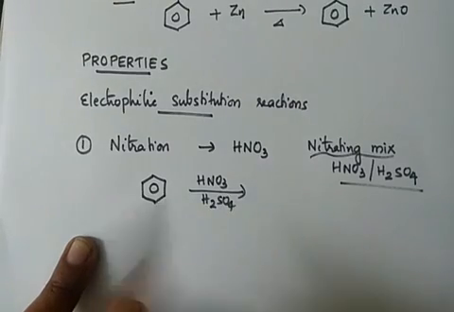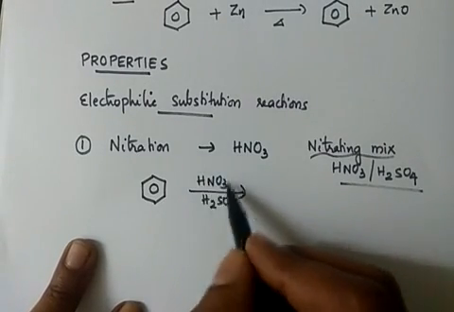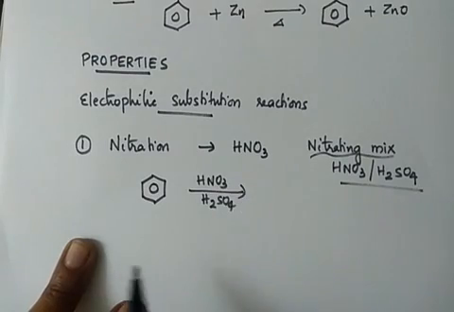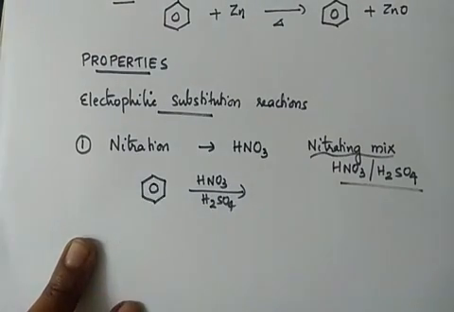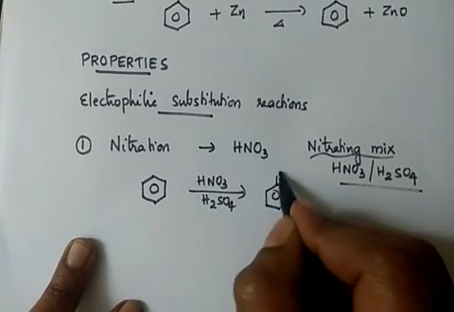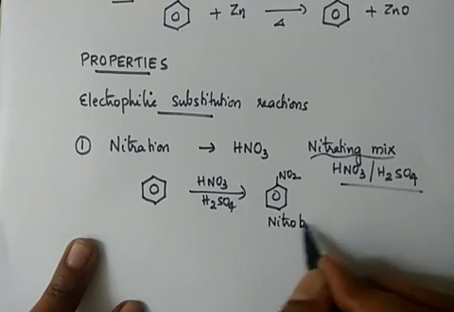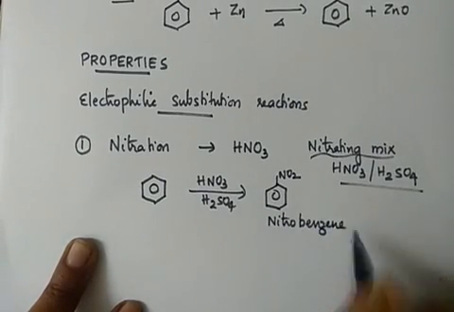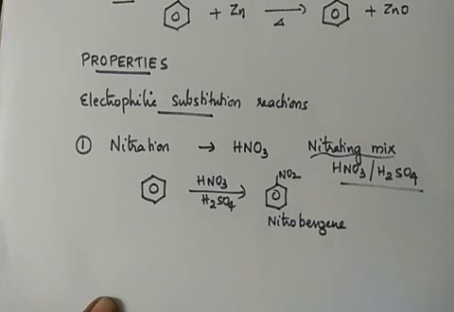You have to write both the reagents here, the nitrating mixture, and from HNO3 the NO2 group, the nitro group, comes to this position of the benzene and forms nitrobenzene. Benzene on nitration gives nitrobenzene.